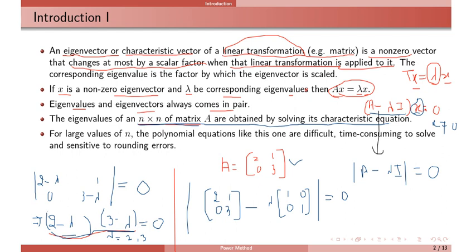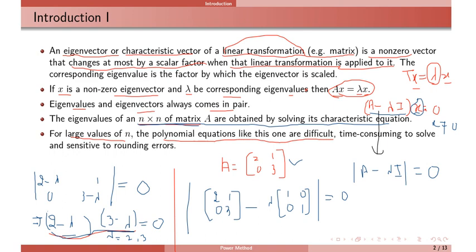If you have a matrix of order n, then you will get a polynomial of degree n. And we have studied in the root finding chapter that for large values of n, polynomial equations are difficult to solve.